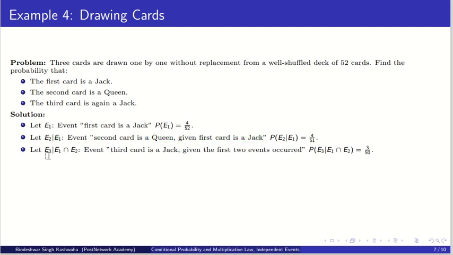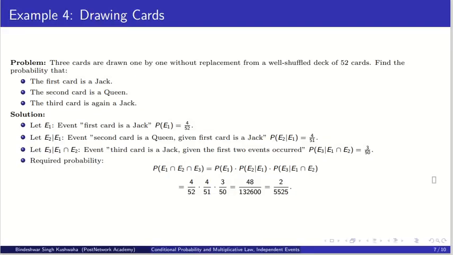E3 is the event third card is jack, given the first 2 events occurred. That would be 3 upon 50, because again you have subtracted 1. So P(E1 intersection E2 intersection E3) is P(E1) times P(E2 given E1) times P(E3 given E1 intersection E2), and multiplying, that will come 2 upon 5525.